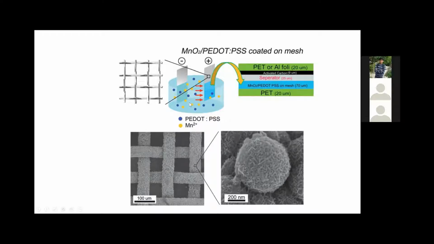During EPD, the polymer material and the Mn ions are deposited onto the substrate, and during the chemical reaction, Mn2+ is converted to MnO2 nanoparticles. We can see how good and uniform the film is, and the materials are well structured.